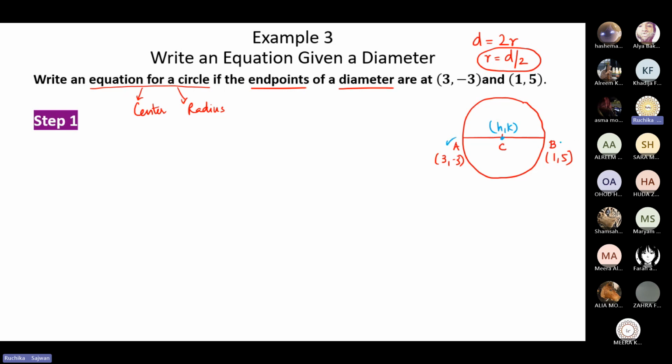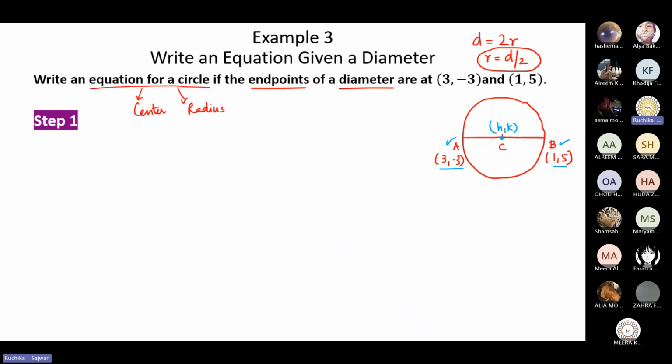I know A, I know B, I know the values of the coordinates of the endpoints of the diameter. What formula should I use for the center? Do you know any property, formula, anything? Anybody? Miss, can we add them and then divide by 2?